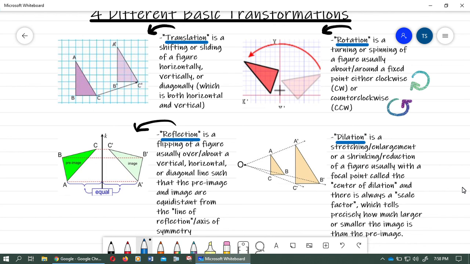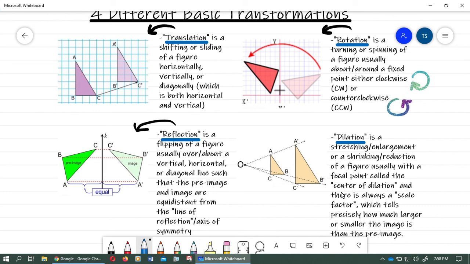Okay, so again, guys, this picture here with the beige or tan, khaki triangles is a dilation. And again, guys, that is a stretching or an enlargement or a shrinking or reduction of a figure. So again, it's either stretching or shrinking. In other words, the figure is going to get bigger or smaller, right?